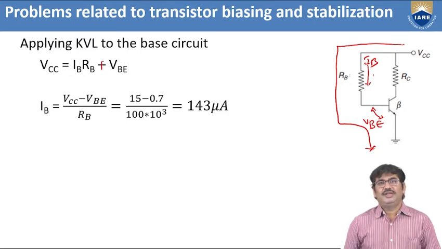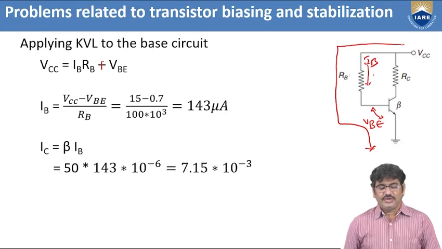Once we have the base current, we can find the collector current using IC equals beta times IB. The given beta is 50. IB is 143 into 10 power minus 6. After calculation, we get IC as 7.15 into 10 power minus 3, which is 7.15 milliamperes.